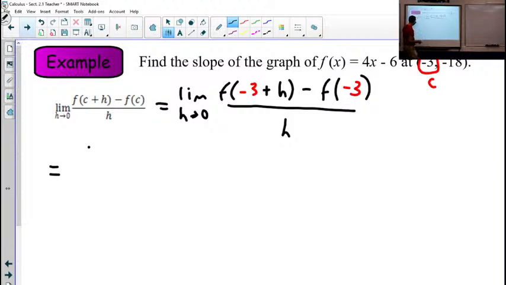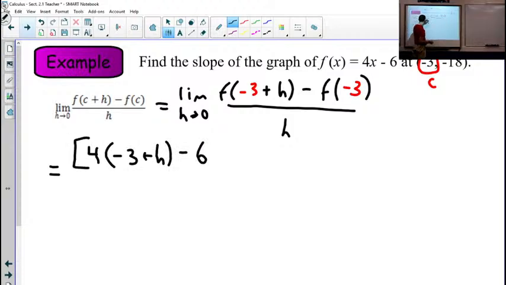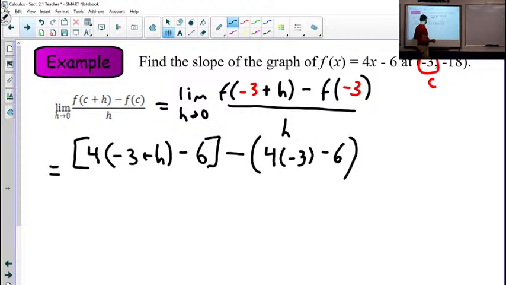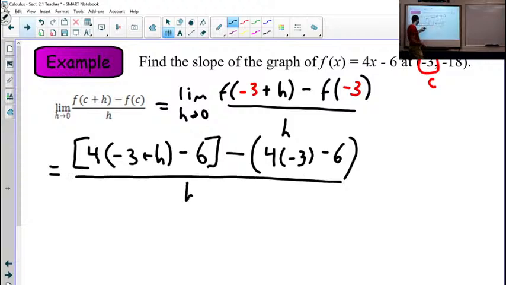Okay. 4 times (-3 plus h) minus 6. That's f of -3 plus h. And then minus f of -3. That's 4 times -3 minus 6, all over h. This is the limit as h approaches 0.